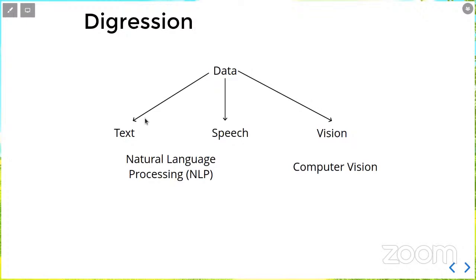So that falls under the domain of NLP. And if you look at computer vision, it will be all with respect to images, right? So one example is when your Facebook images get tagged automatically, right? So how does a machine know that this is your photo, or this is your friend's photo, and how does it automatically tag?